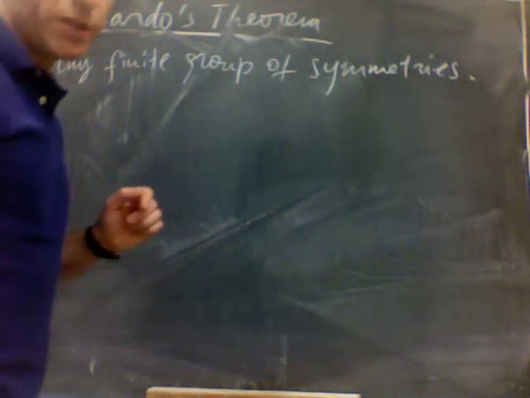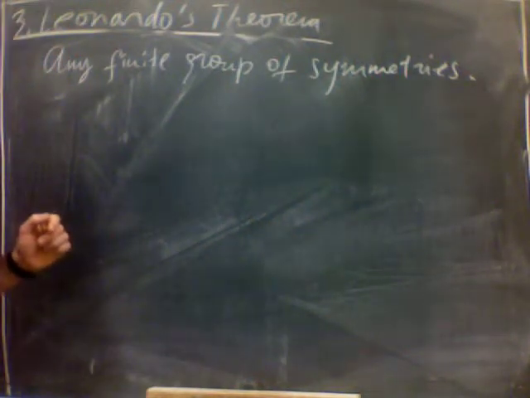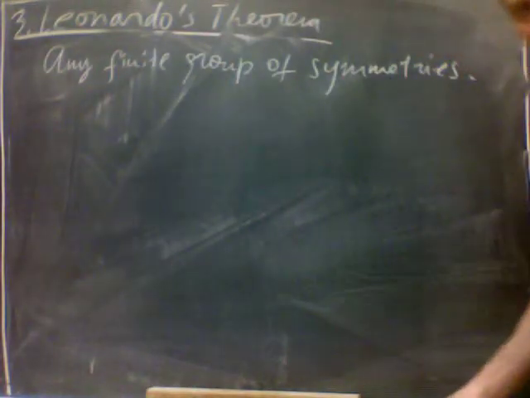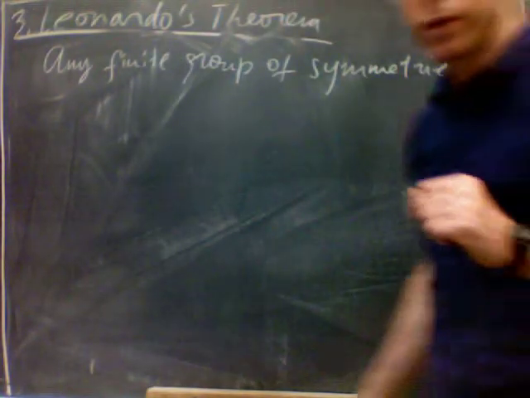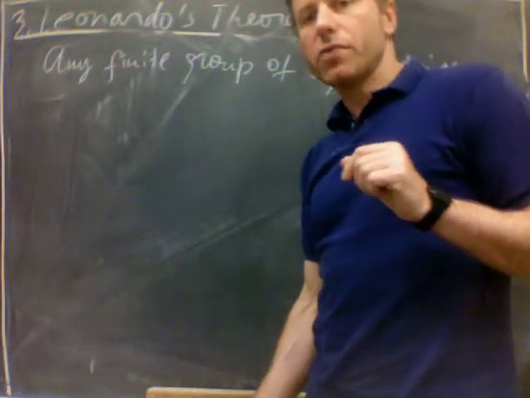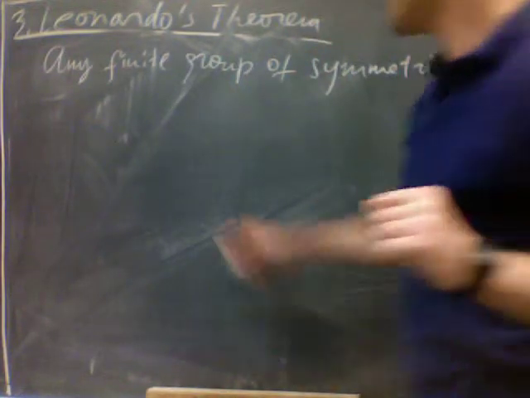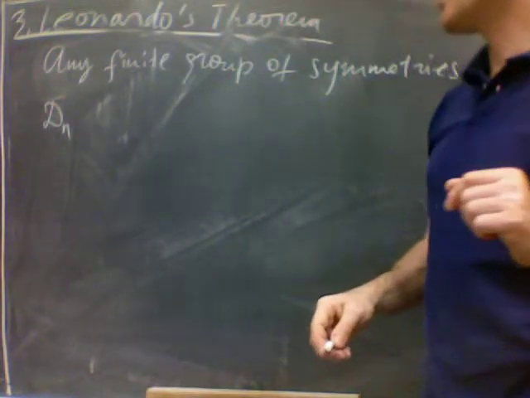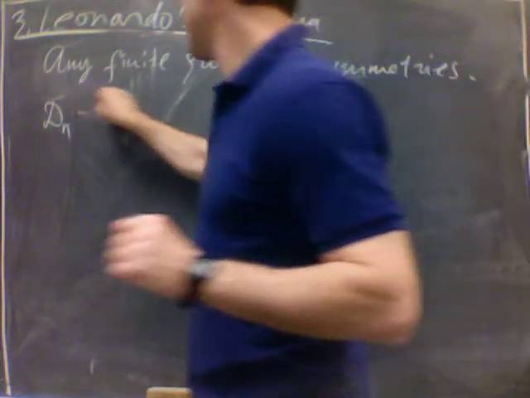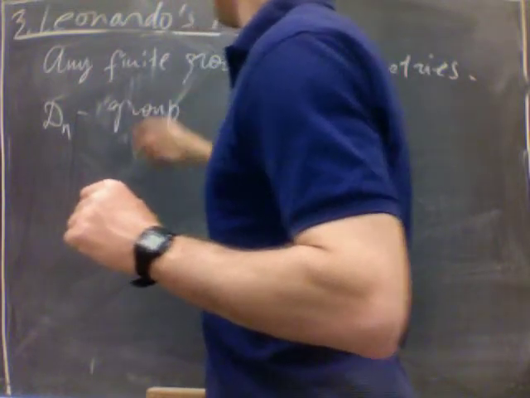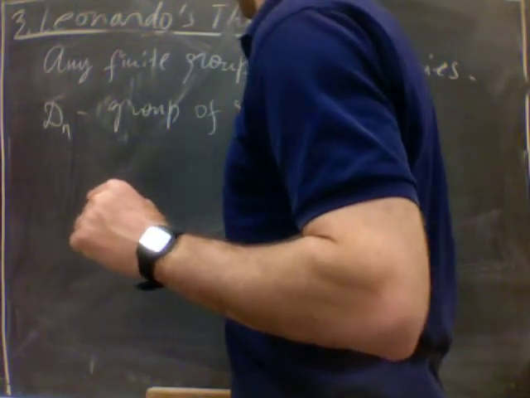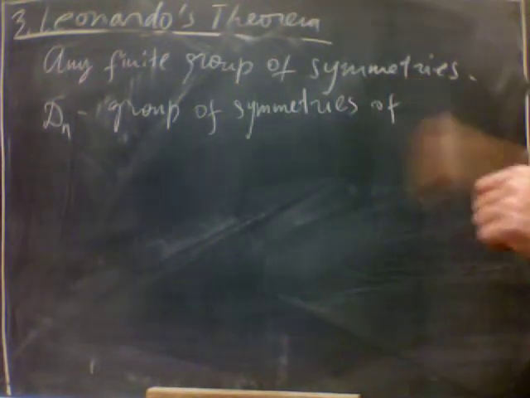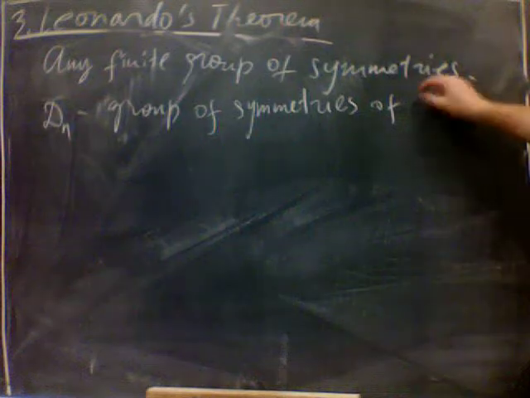We can describe it. More precisely, we talked about dihedral groups and cyclic groups of rotations before. So dihedral groups Dn were the group of symmetries of, remember, regular polygons.